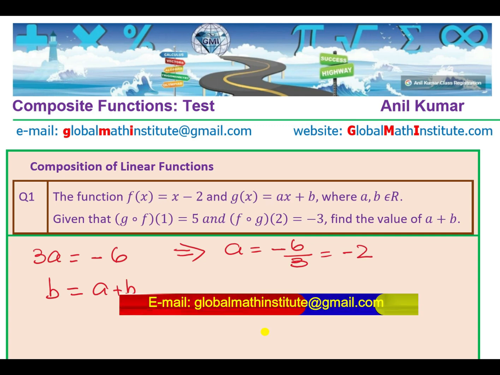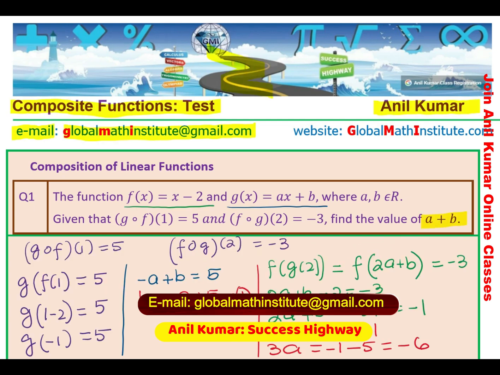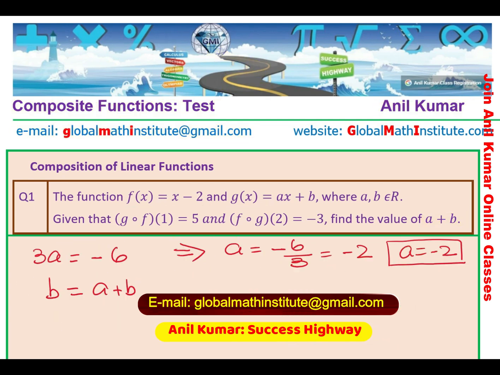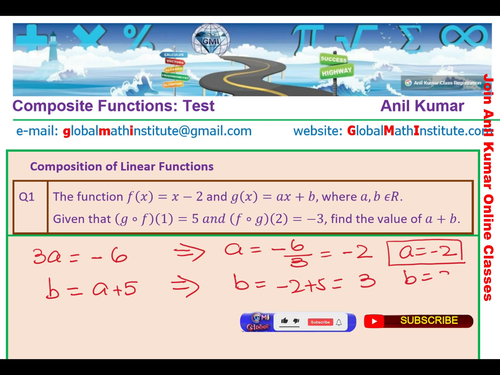So we know the value of a equals minus 2. Perfect. b is a plus 5. That means b is equal to minus 2 plus 5, which is equal to 3. So b is equal to 3.